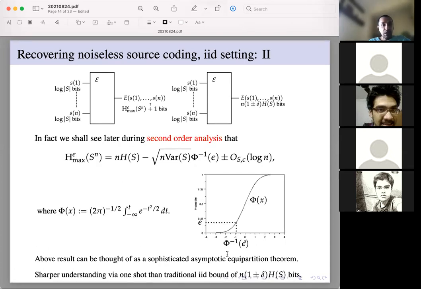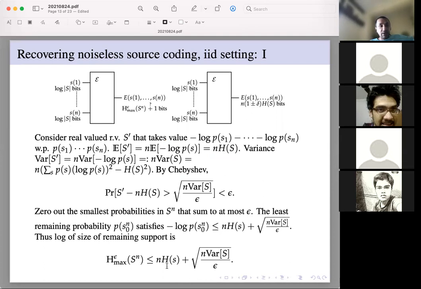Okay, next. Let's clear this for a moment. What was the traditional proof telling you? The converse proof says that I cannot compress to less than n H(S) times 1 minus delta. The one-shot proof says that I cannot compress to less than H epsilon max S^n.